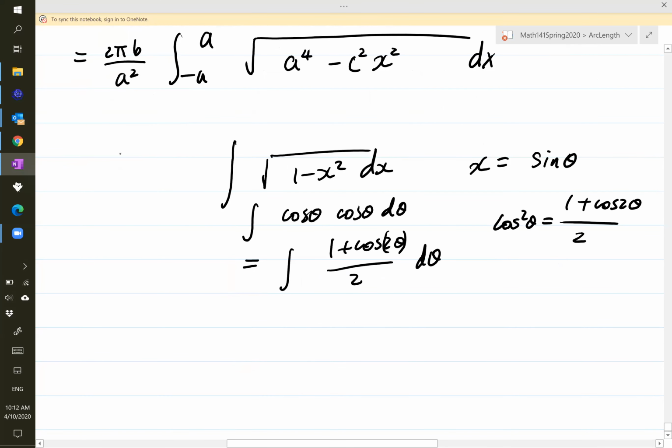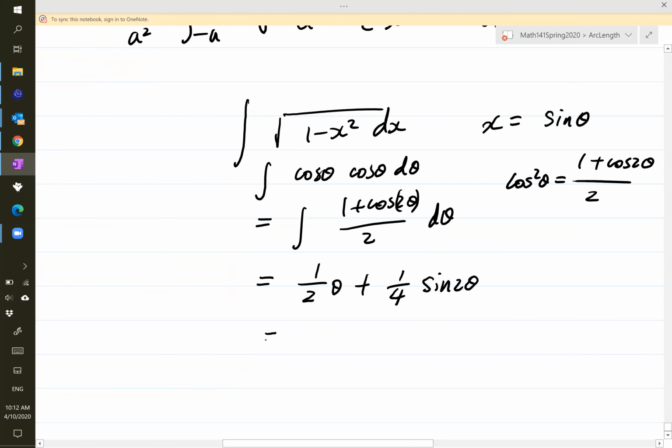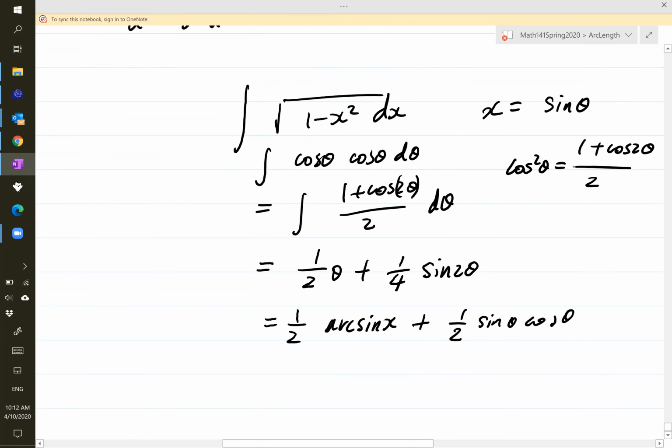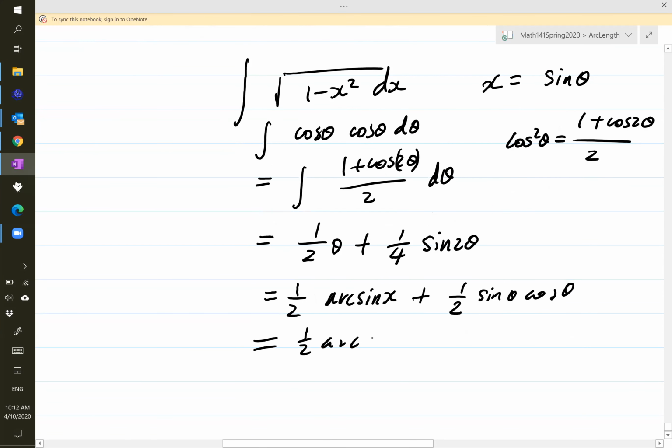So the antiderivative will be one half theta plus a quarter sine 2 theta. So this is one half arc sine x plus one half sine theta cosine theta, which is one half arc sine x plus one half x times the square root of 1 minus x squared.